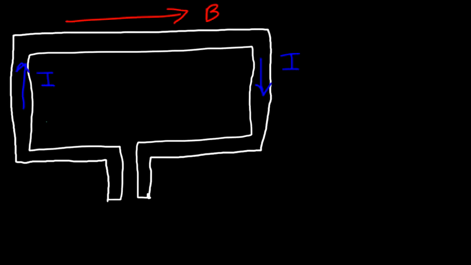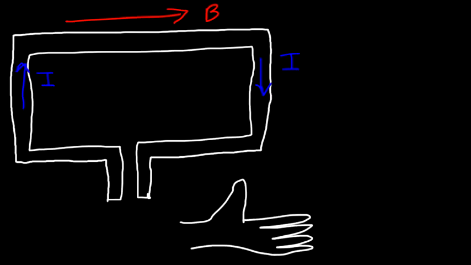Now what type of force will we have on the left side of the wire, or the metal loop? Using the right hand rule, place your thumb going up and your 4 fingers in the direction of the magnetic field. If you do that, notice that the palm of your hand opens into the page.